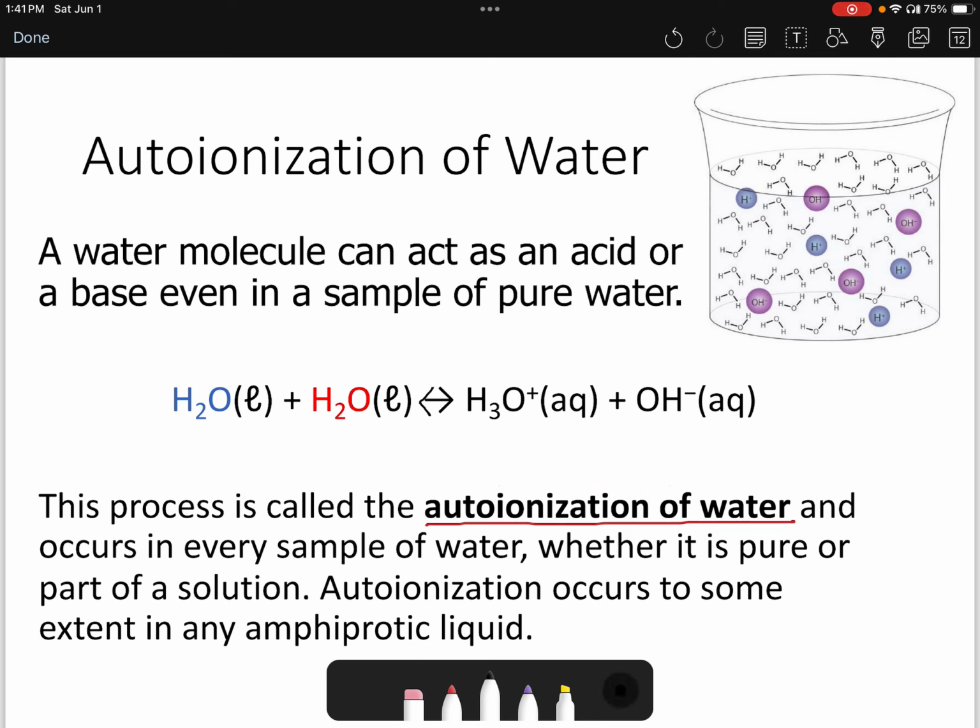So the concentration of each product, once they're formed and we reach equilibrium, is 1 times 10 to the negative 7th moles per liter, or capital M. So notice how small that concentration is for each product. So again, when you're drinking a glass of water, there are hydronium ions and hydroxide ions in it, but they are such a small portion of that water. So that's really a tiny amount.